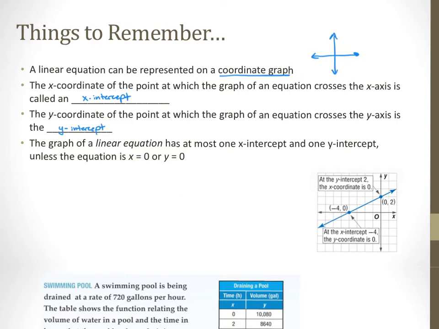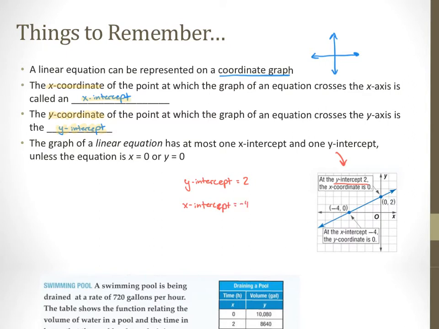So, important things to remember: the x-coordinate is the x-intercept, and the y-coordinate is the y-intercept. So down here in this picture off to the side, my y-intercept is 2, and my x-intercept is -4.